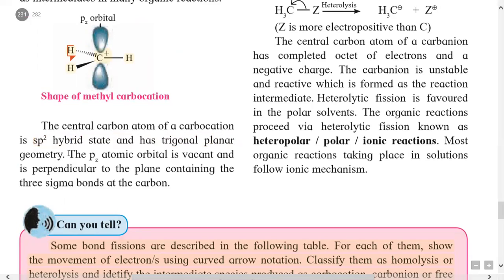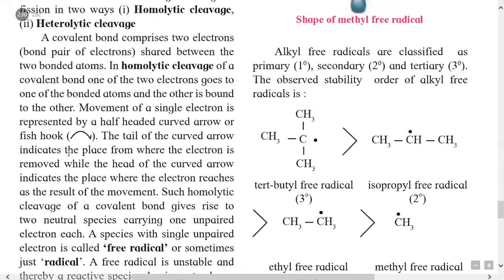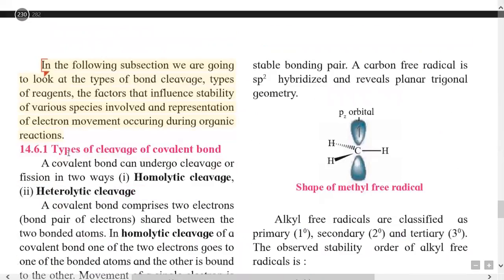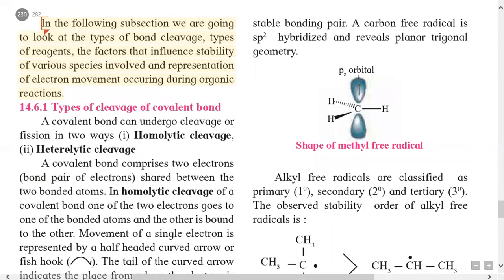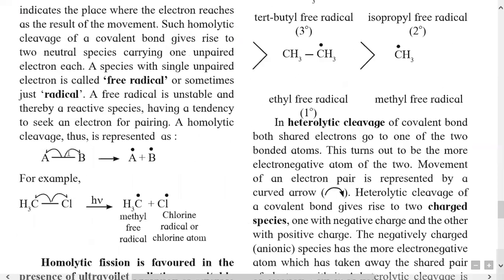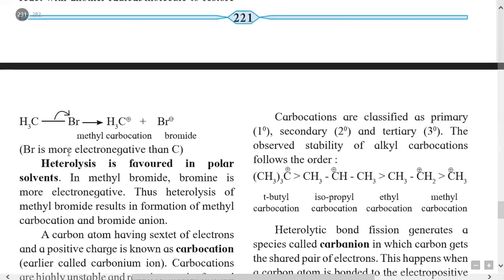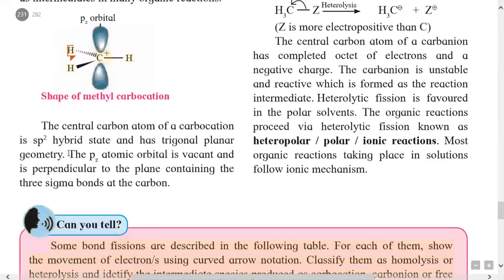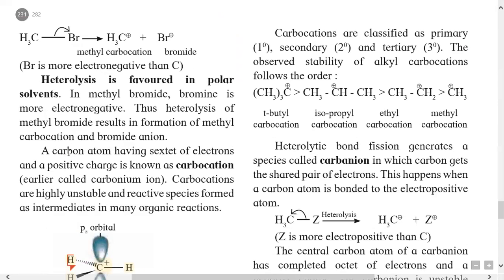But in methyl free radical, the pz orbital contains one unpaired electron, it is not vacant, and that is the difference. Then the carbocations are classified as primary carbocation, secondary carbocation, tertiary carbocation.